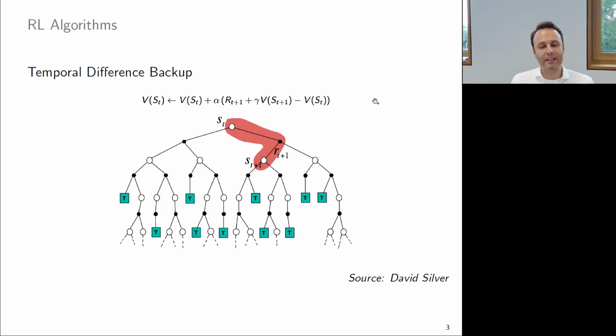Now, this is going to be computationally costly as well because we need to wait until we run the whole episode. So is there a more sample efficient way to actually learn the value of a given state? And the answer is that temporal difference learning helps us to do this.